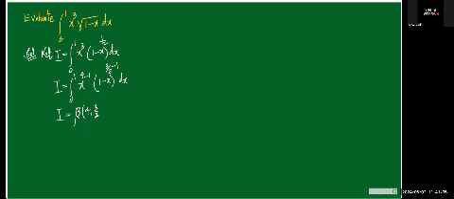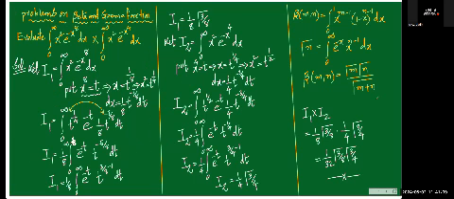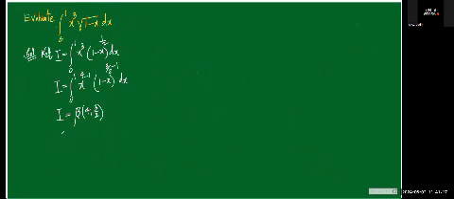And now again we know that the first page also we have shown the relation between them, gamma m gamma n by gamma m plus n. So beta 4 comma 3 by 2 को relation से solve करेंगे. By relation of beta and gamma function, this can be written as gamma 4 gamma 3 by 2 by gamma 4 plus 3 by 2.